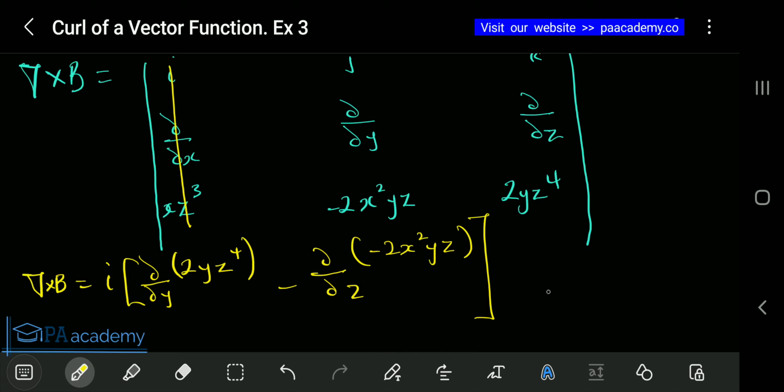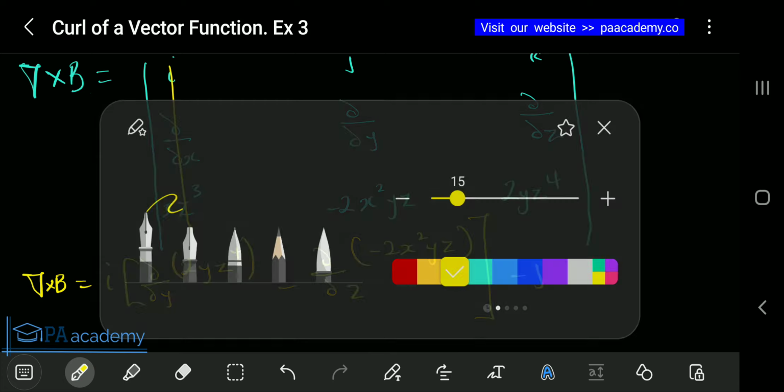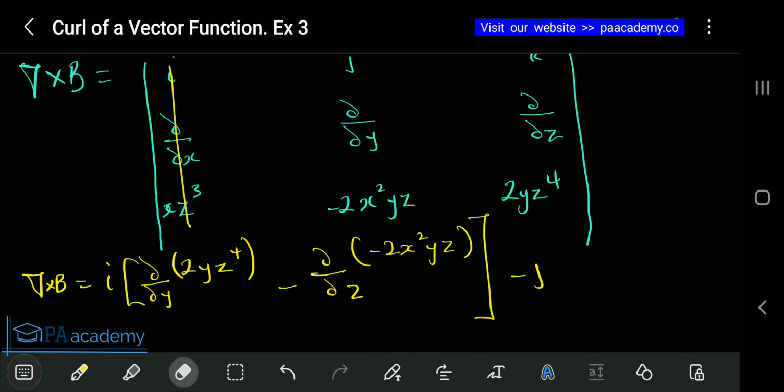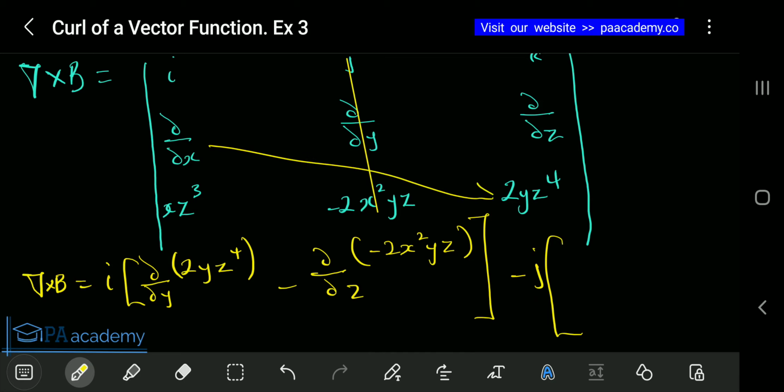So let's go over to j, then minus j. Now that we are dealing with minus j, we ignore everything in this particular column. Let me open a bracket for it. This will multiply this, and then this with this.